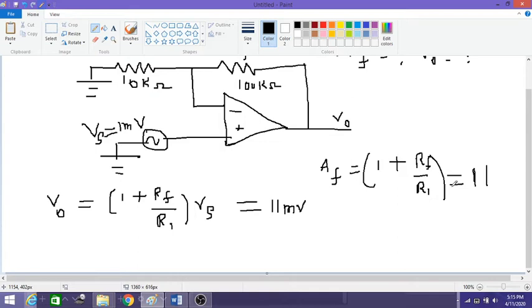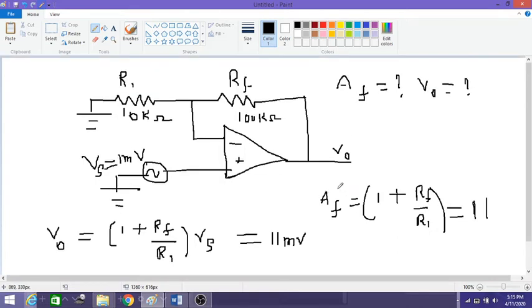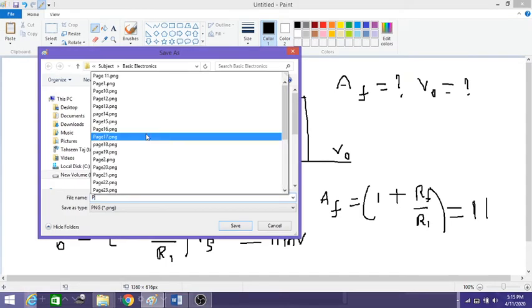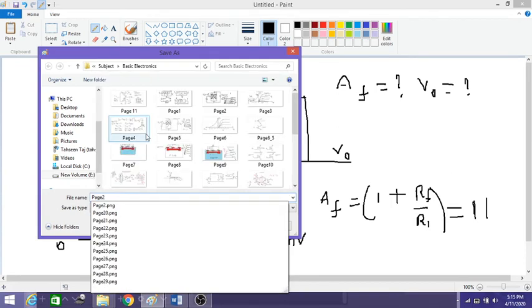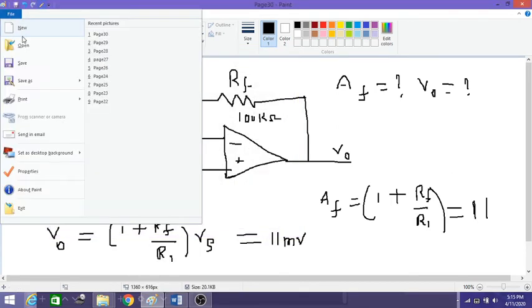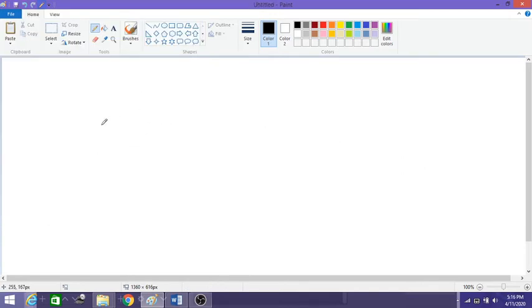Now let us look into a cascade section, a very interesting example here. Let me save this as page 30. A very interesting example, a cascade example.